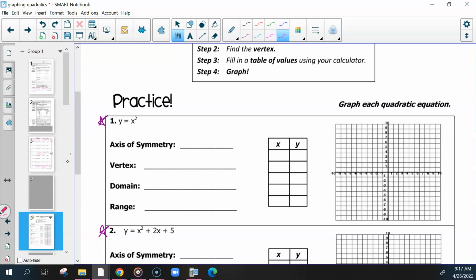So now we're going to do the same thing, but now we're going to have specific values that we're going to graph. So for this, how would we set up the axis of symmetry?